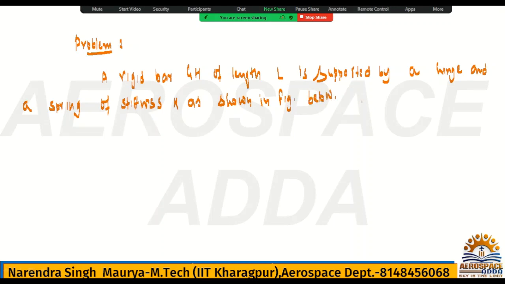The buckling load PCR for the bar will be, okay. See the diagram.